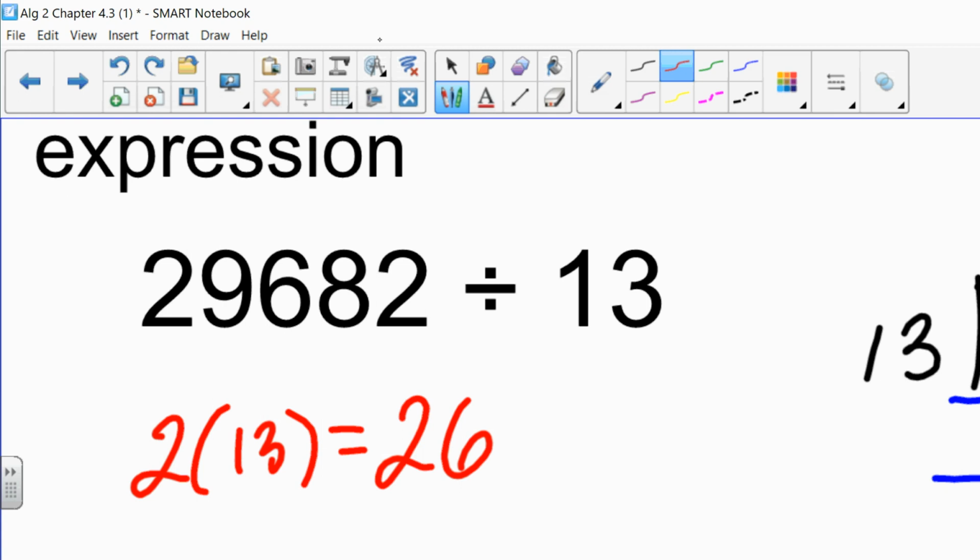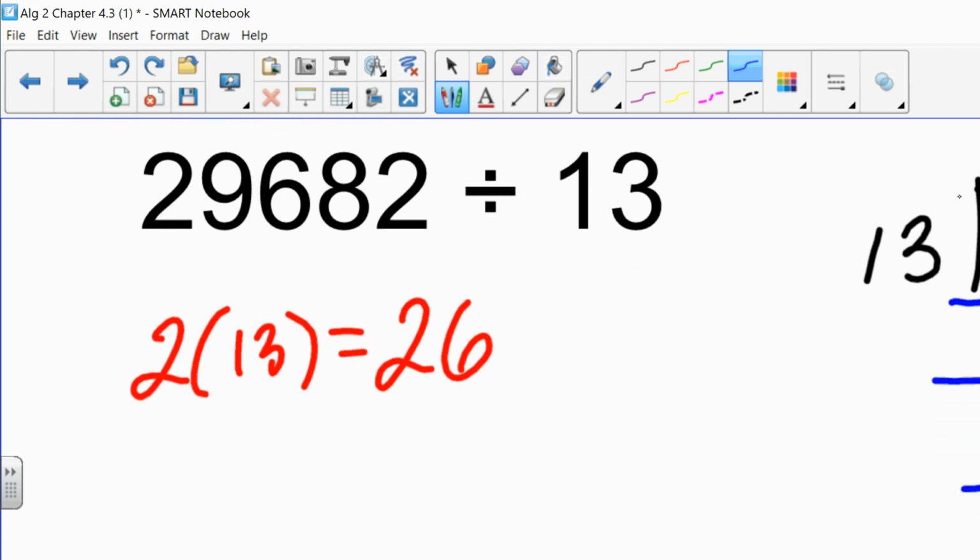So how many times does 13 go into 36? 2, because 3 times 13 would be 39. So this is still going to be 26. And we would subtract again. 36 minus 26 is 10. Bring down the 8.